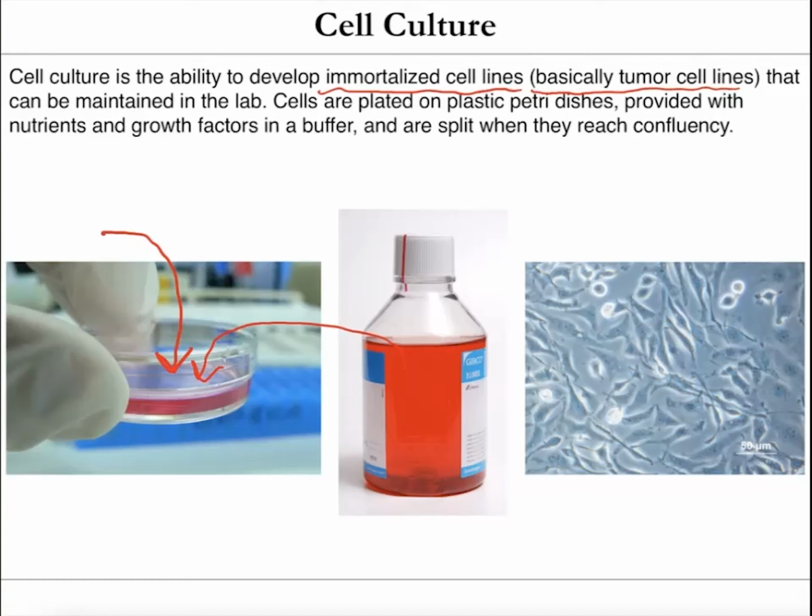That's going to tell these cells to keep growing and not stop growing. And so you can get cells like this that you can see under the microscope. They basically get to what would be called confluency, where all the cells are touching each other. These cells are about 80 to 90% confluent.